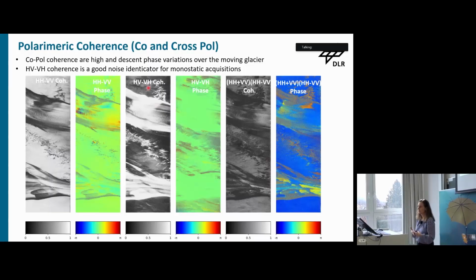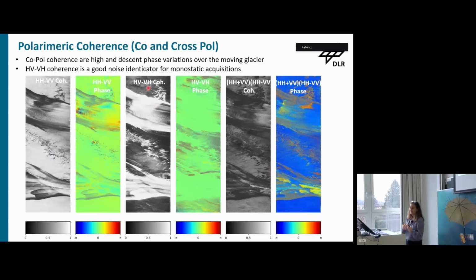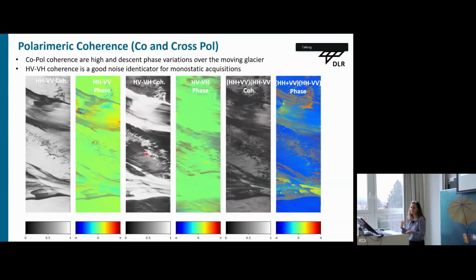And this for us normally is a very good indicator of noise, right? Because we know HV and VH should be the same over the area, so have the same contribution, so the difference should be 0. But like this, you see these low scattered areas, right? They are mostly affected by noise. This is a good indicator.